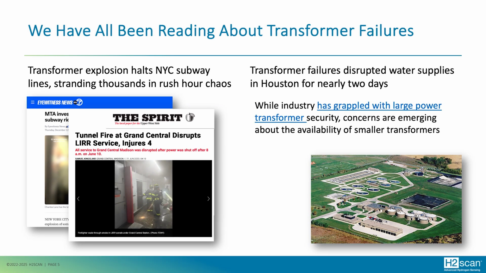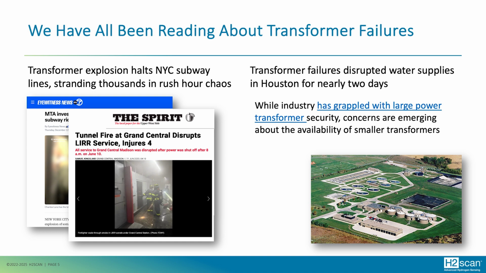Why limit ourselves? Transformer failures have disrupted water supplies in Houston for nearly 2 days. And if you read through some of the articles, you'll see that if you operate transmission-based transformers, 400, 500 plus MVA type transformers, industries put a lot of energy into trying to understand how to make them secure, how to make them reliable.